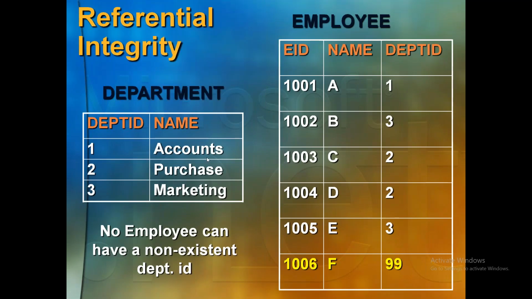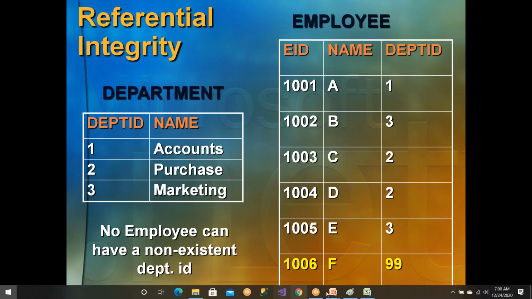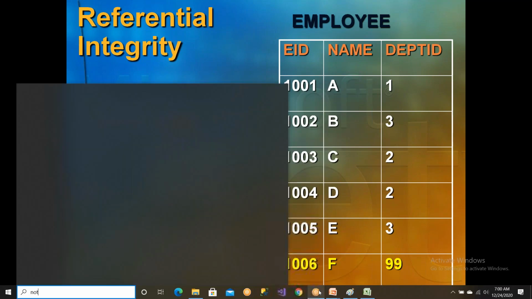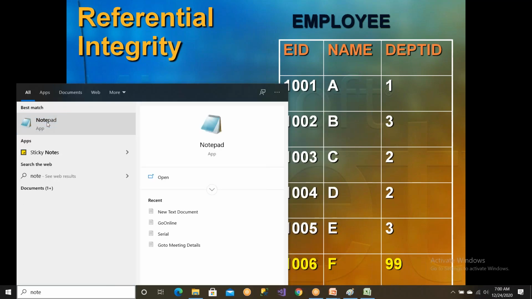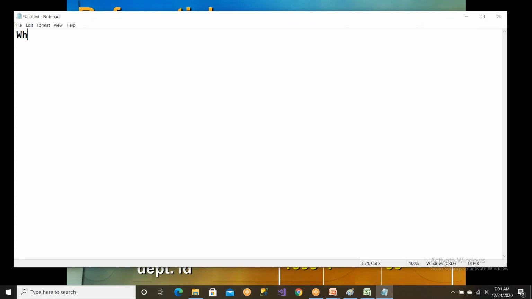Now, what is referential integrity? I told you clearly, whenever you create a primary key and foreign key relationship, people may ask you some questions. What is a foreign key? What is FK?